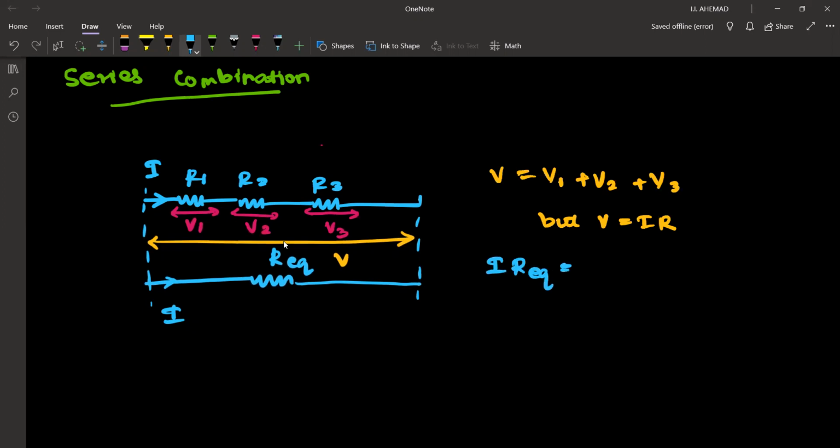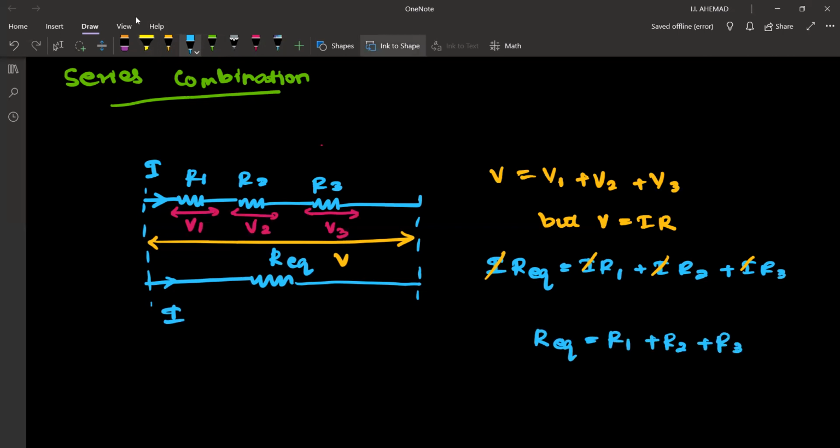This is equal to the drop across each: I into R1 plus I into R2 plus I into R3, and so on. So I cancels. We come to the important equation. R equivalent is equal to R1 plus R2 plus R3. So when we have resistors in series, the equivalent resistance is the sum of them.